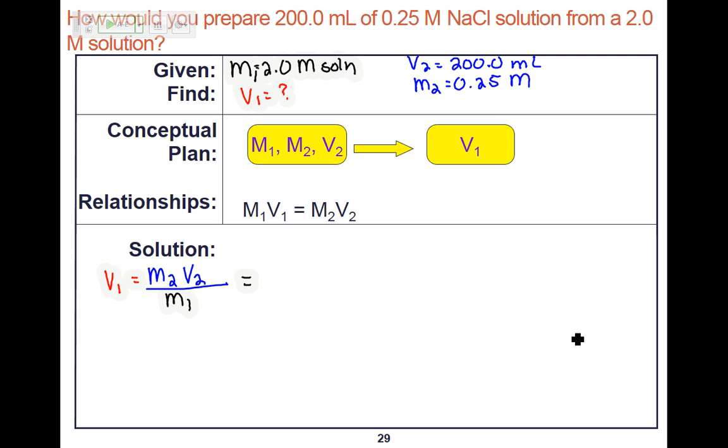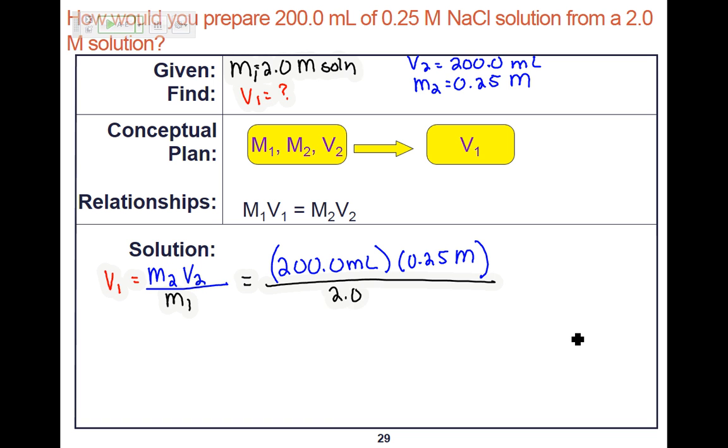If I want my final volume to be in milliliters, I don't have to worry about doing any conversions. So I'm trying to make a 200 milliliter volume of my final solution, and I want that to be 0.25 molar. And I'm starting with a 2 molar solution.